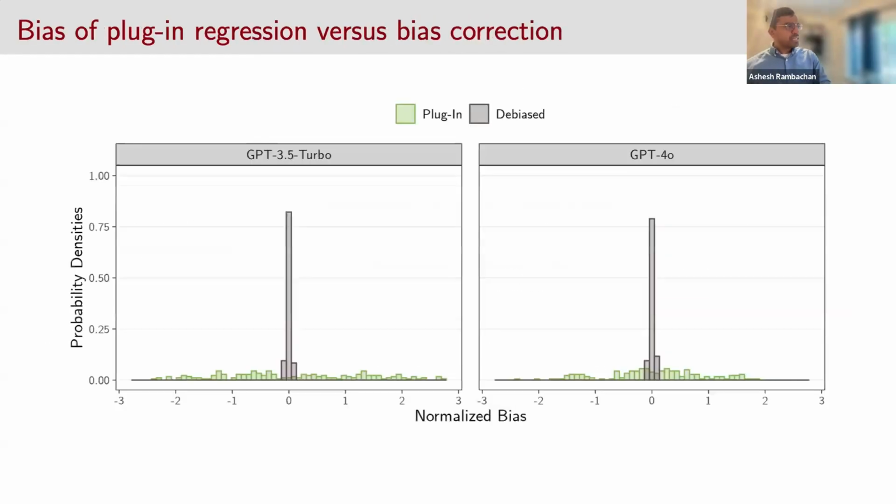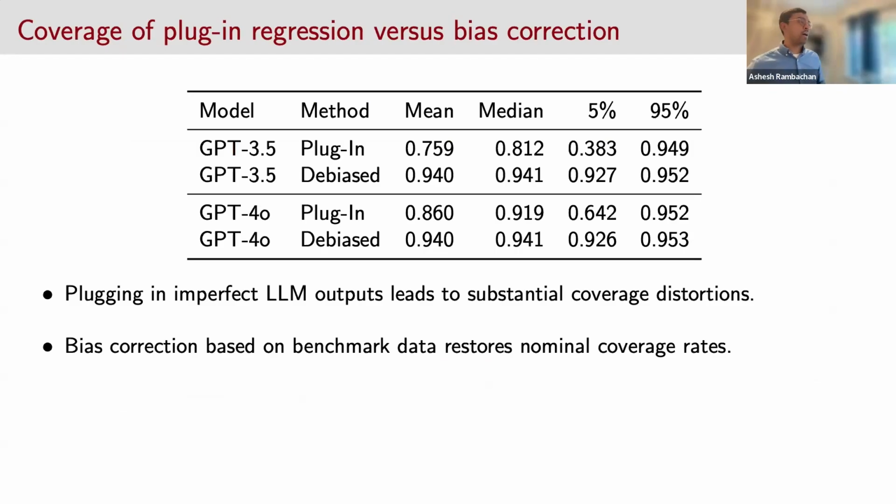So just to show you what happens if you debias in those same regressions, debiasing leads to approximately unbiased estimates in finite samples for the regression coefficient you're interested in. The resulting confidence intervals from debiasing have approximately 95% coverage over all choices of models and prompt variations.